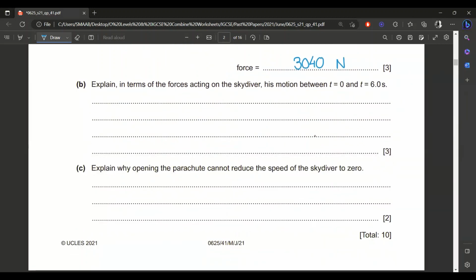At t equals 0, the gradient is steeper, so the deceleration is greater. And the air resistance acting on it is greater. So at t equals 0, air resistance is greater than weight, and we know weight is acting in the opposite direction.